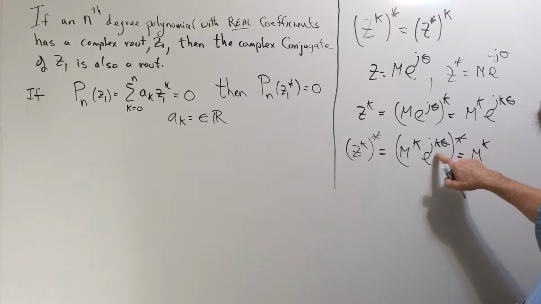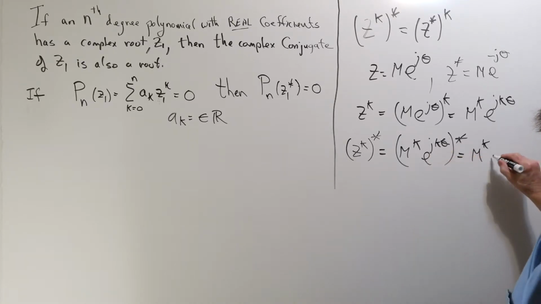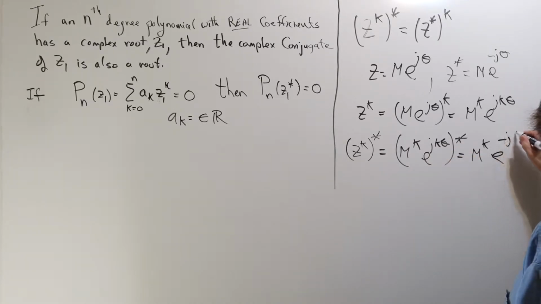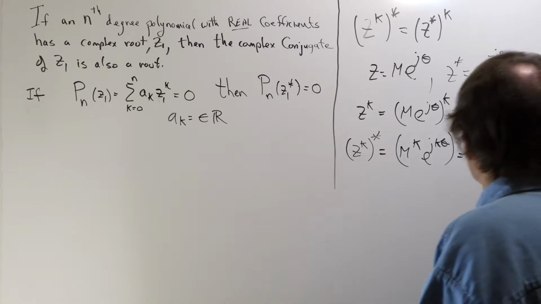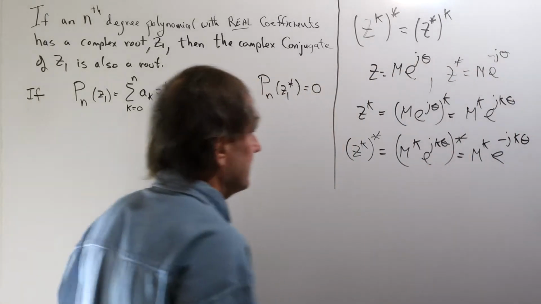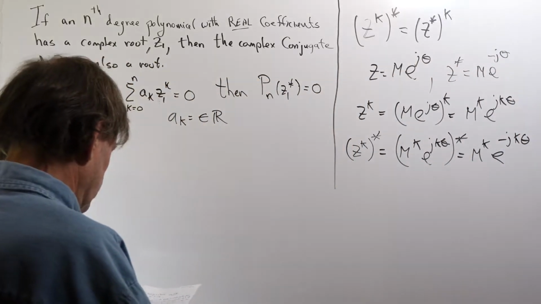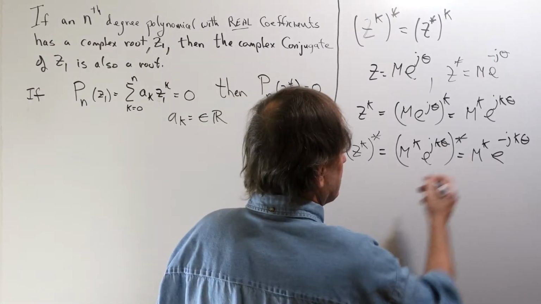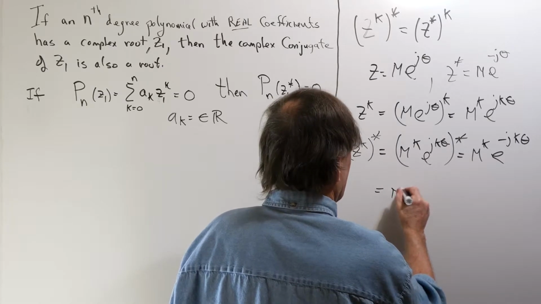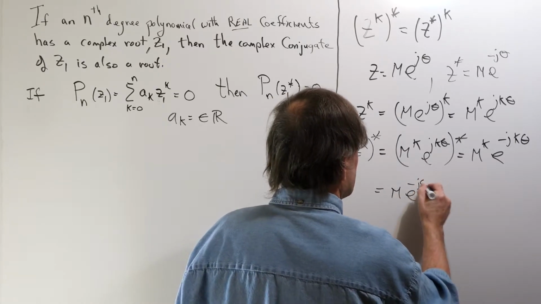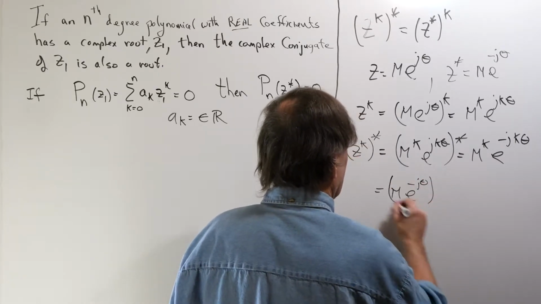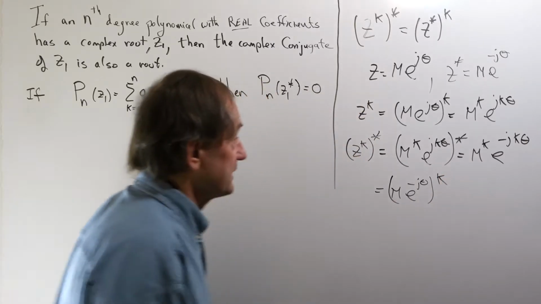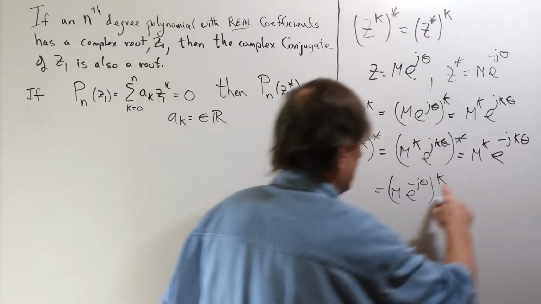Then if we take the conjugate of this, we take the opposite angle. So we can write the conjugate in that fashion. Now we can pair this as m e to the minus j theta. Using properties of exponents, I can pull the k out.